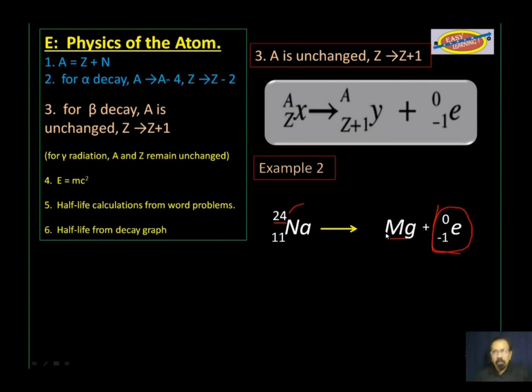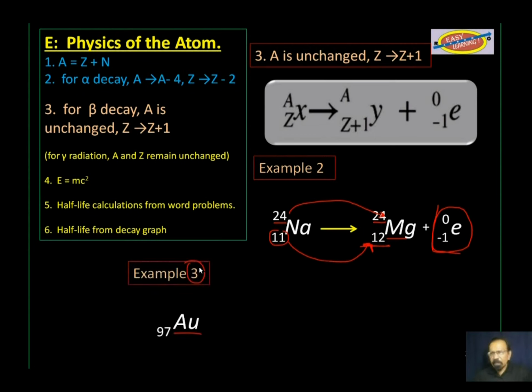Now, this here stays the same, which is 24, doesn't change. But this 11 increases by 1 over here, because remember, you get an extra proton in the nucleus, and that becomes 12. And this is what happens for beta decay.